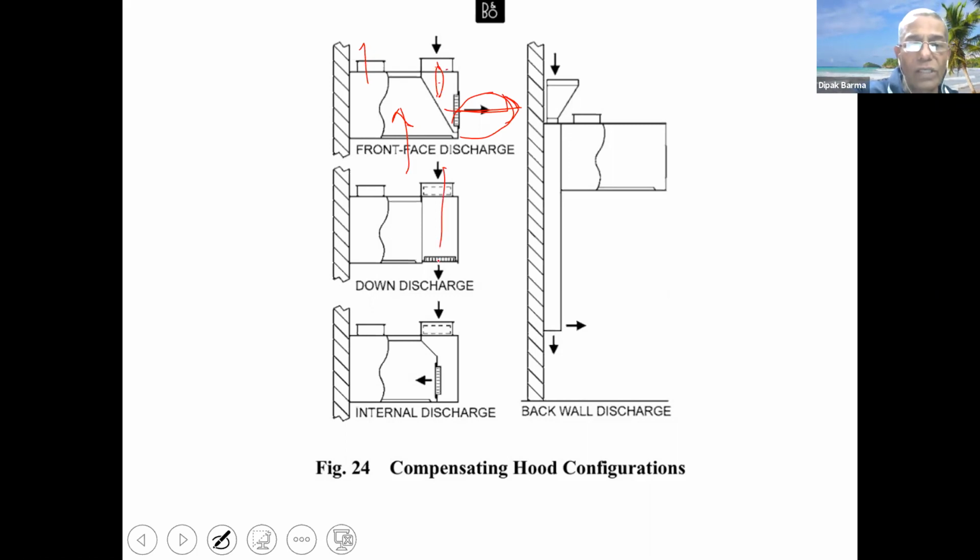You could have the discharge straight down below, you can have the discharge inside the hood, or you could have the fresh air coming in from the backside like this. And we will go through the details of which of these works best and how it impacts the capture and containment of the plume.